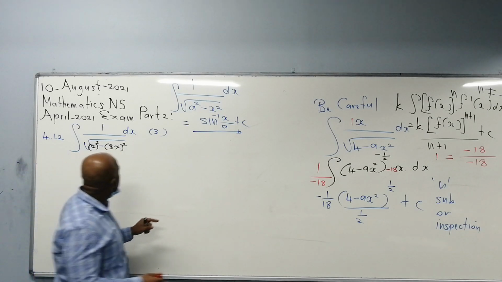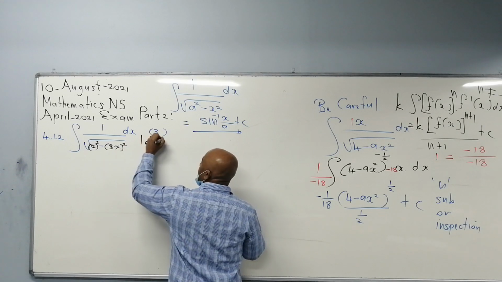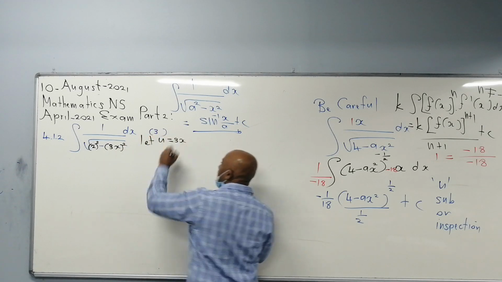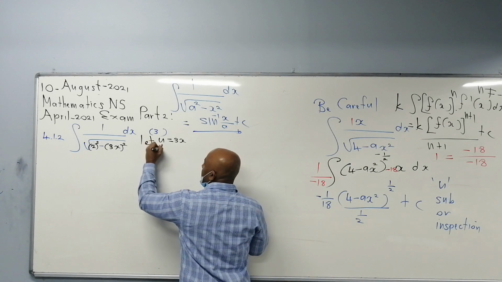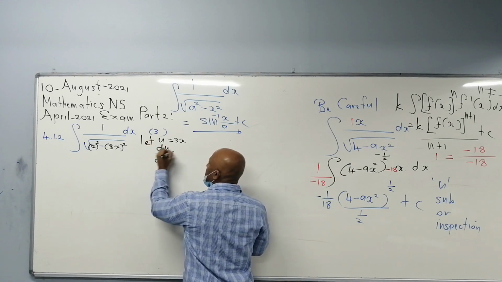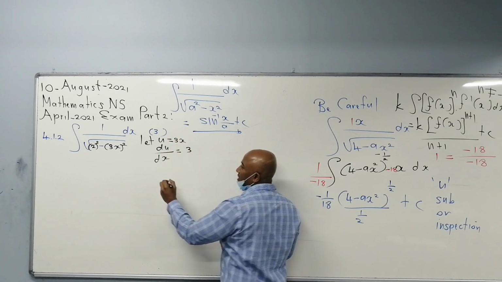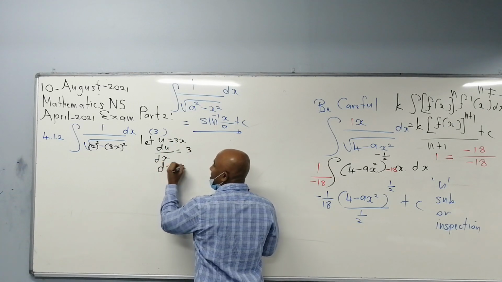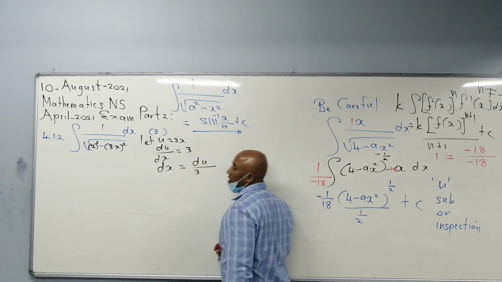So a simple thing to do here is, let u equal 3x. Right. So now du over dx, the derivative of 3x, is 3. So then make dx the subject of the formula. So that's going to be du divided by 3.